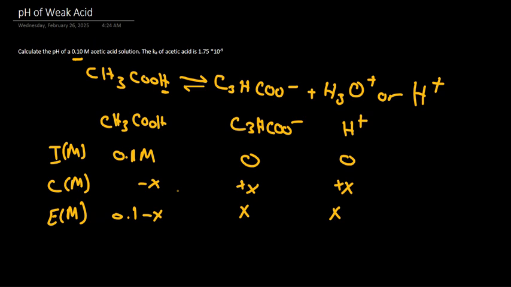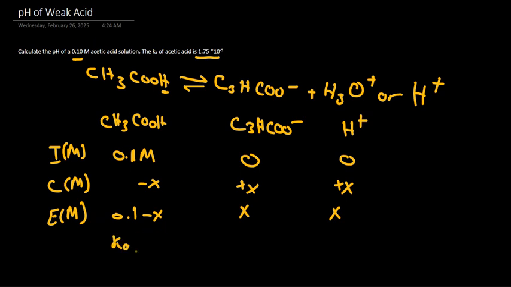To solve that, we need to use the Ka, which is given in the equation as well, 1.75 times 10 to the minus 5, the dissociation constant. Some people use Kd for it, but it's the rate at which CH3COOH, which is acetic acid, converts to acetate. So how do you do that?